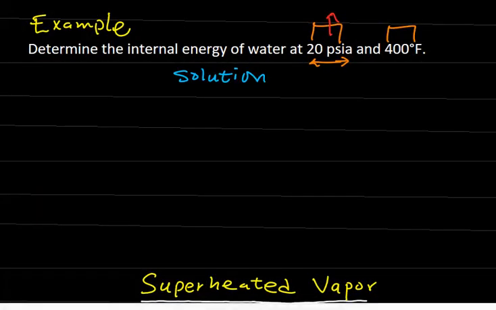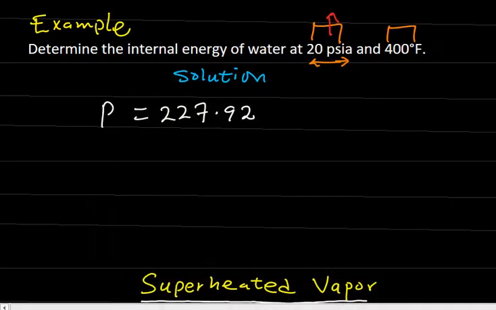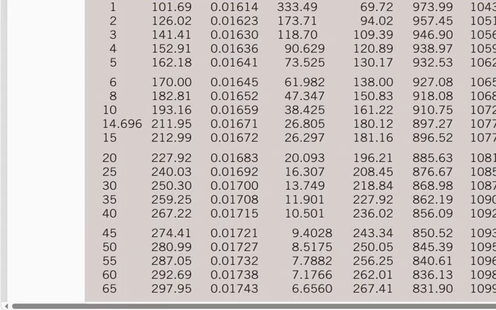That is exactly what we have, and that is in degrees Fahrenheit.